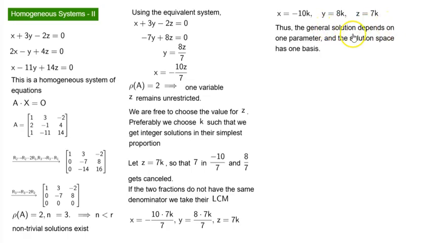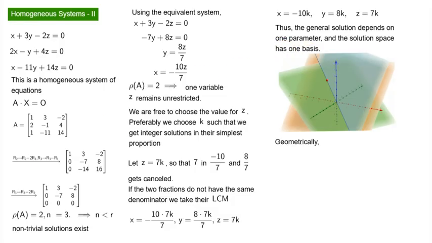Thus, the general solution depends on one parameter and the solution space has one basis. Now, geometrically, the intersection line is the solution space. Because ultimately, by solving this system of equations, what are we arriving at? We are arriving at the intersection of three planes.